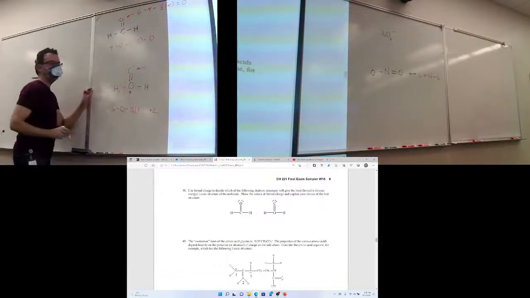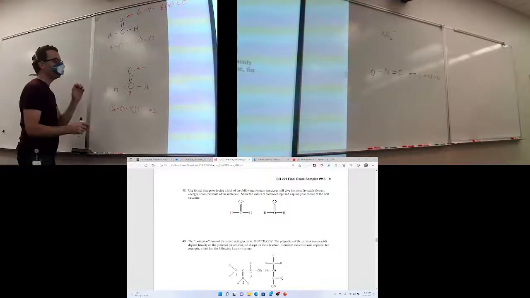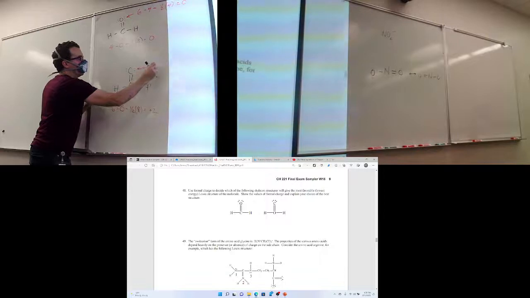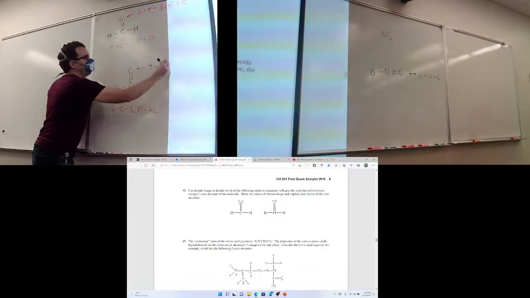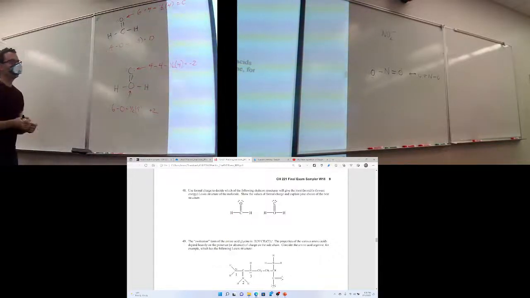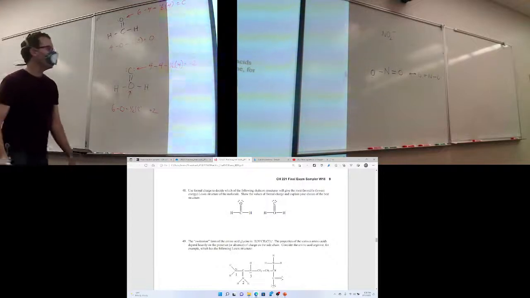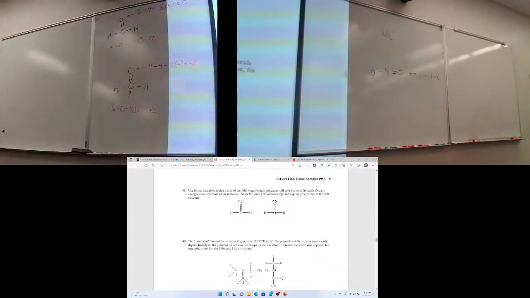And this should be minus 2, because all of the formal charges add up to the overall charge. It should be adding up to 0, because this is neutral. If I do it, 4 minus half of 4 is a minus 2. So it's the left one. That's the correct one, just based on these formal charge calculations.